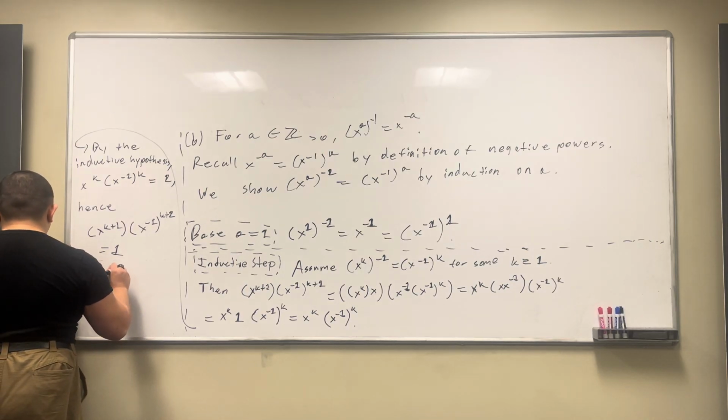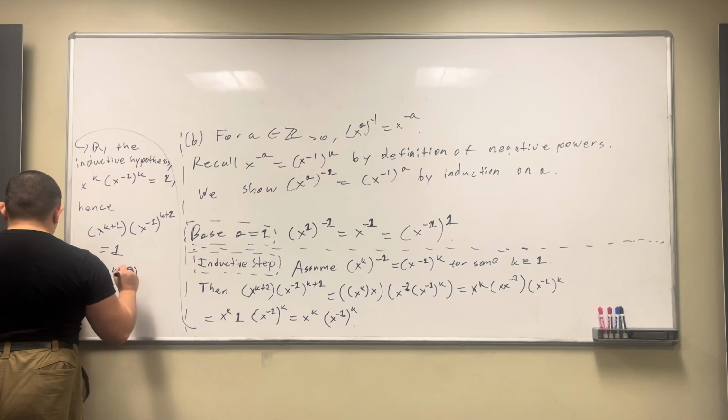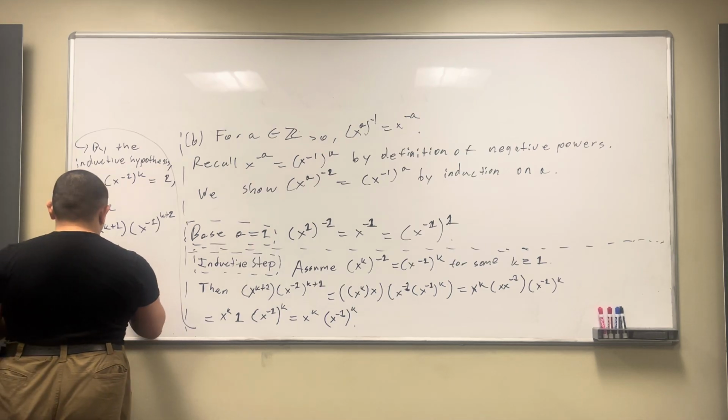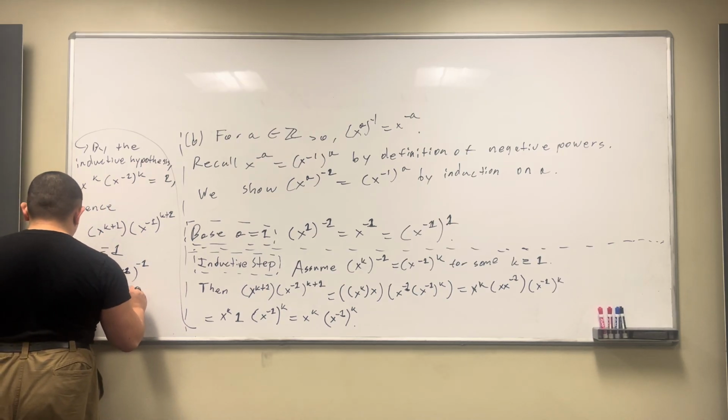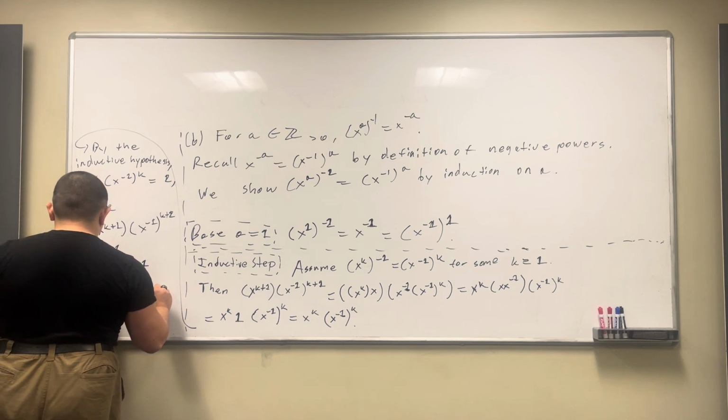therefore, x^(k+1) (x^(k+1))^-1 is equal to (x^-1)^(k+1).